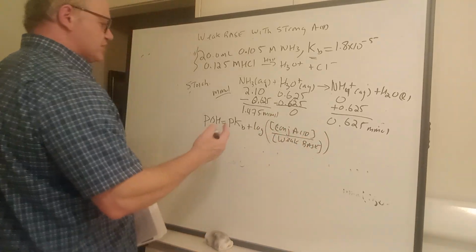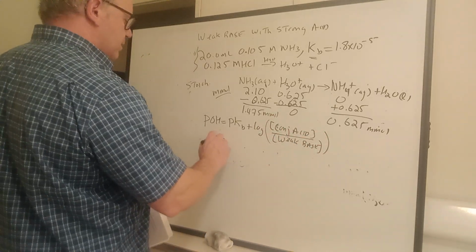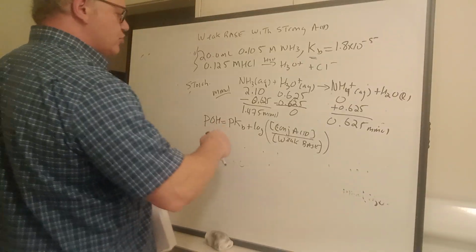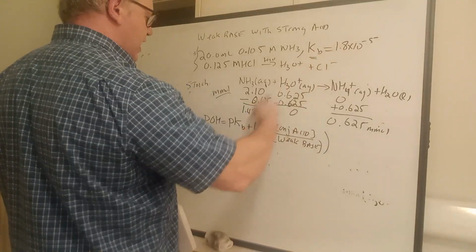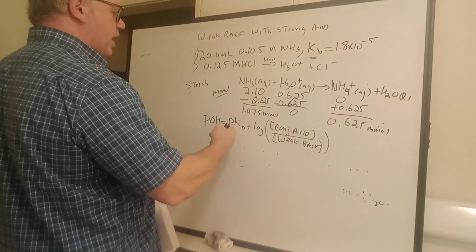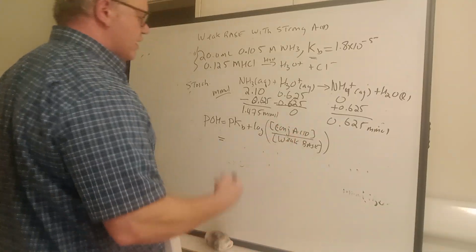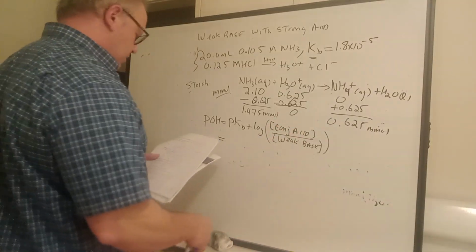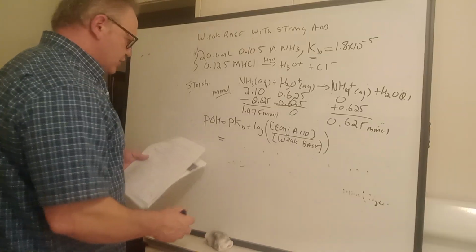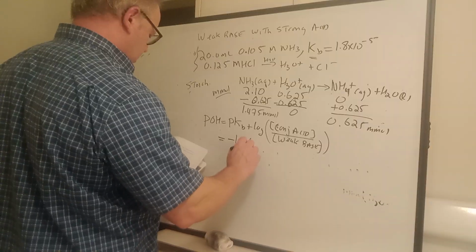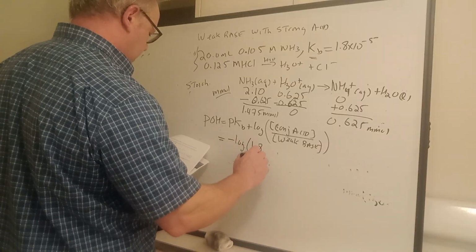I'm going to do that because I have the Kb. You could do it with analogously the pKa for pH directly. You could convert Kb to Ka, calculate pKa, put it in here, and then flip these over. You'll convince yourself you get the same answer. So I chose to do it this way. Do it the other way for proof to make sure that it works for you. Either way you like to do it.